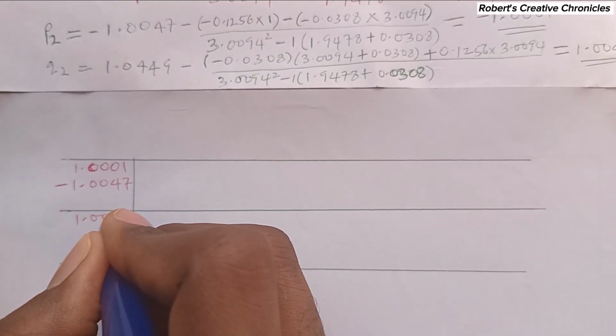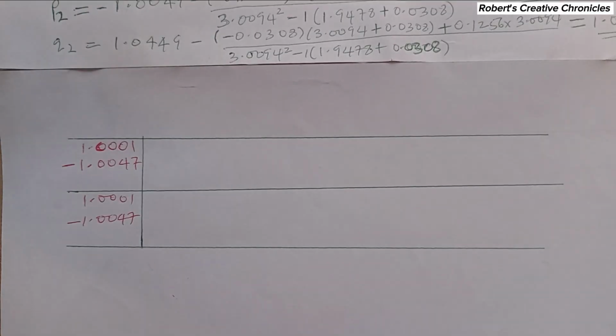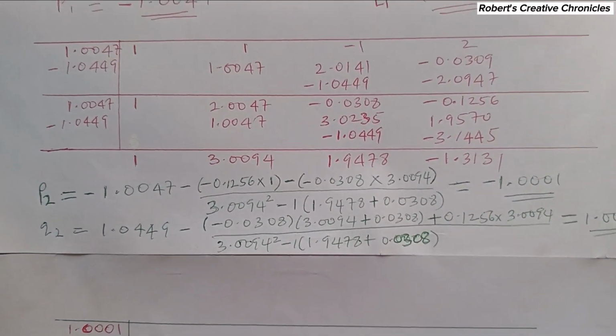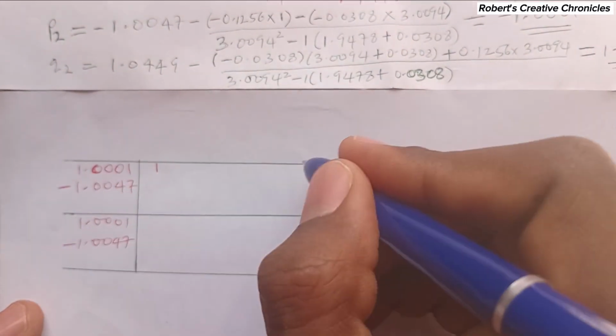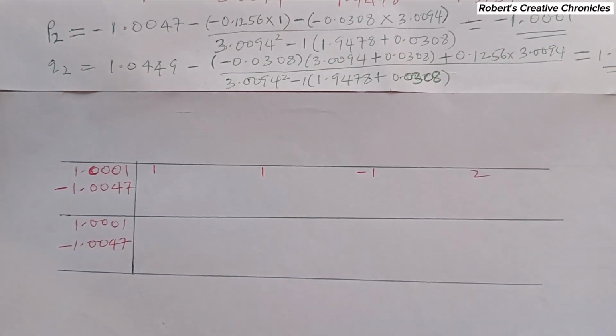Likewise here. So now we'll write the coefficients down: 1, 1, negative 1 and 2.